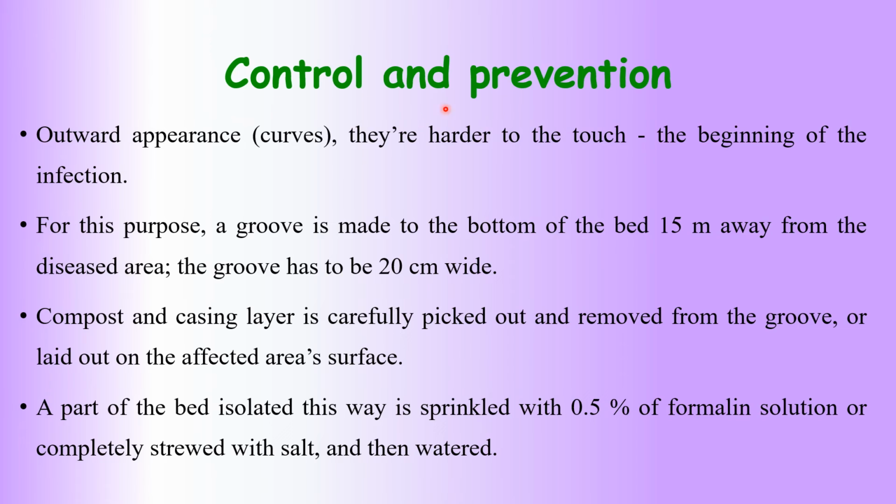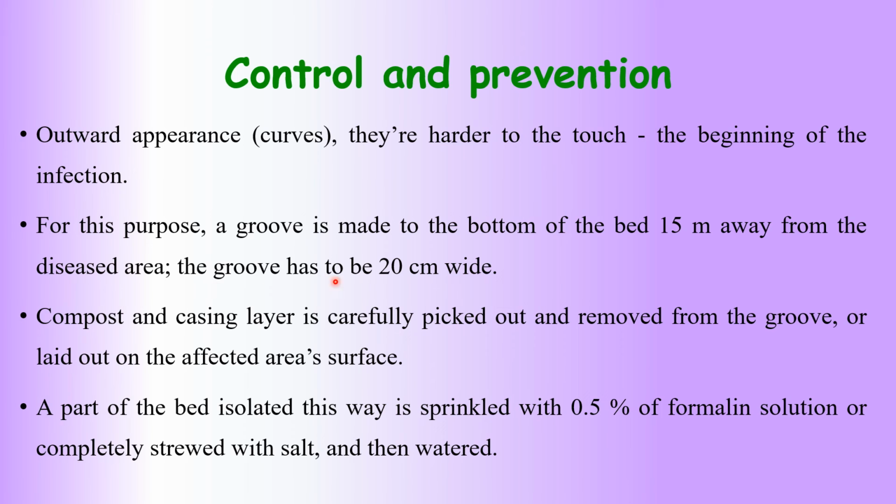And how to control and prevent mummy disease. We can identify mushrooms affected by mummy disease by their appearance and dried form. When we identify that it is affected by mummy disease, we make a groove in the bed, 50 meters away from the infected or diseased area.